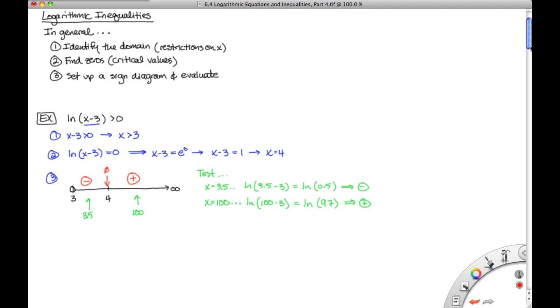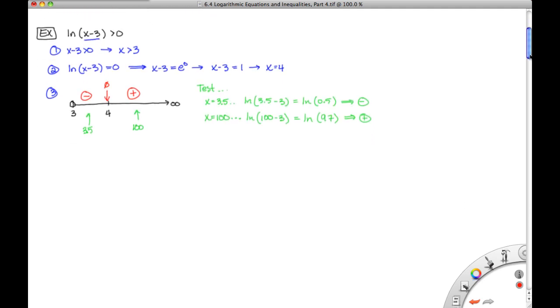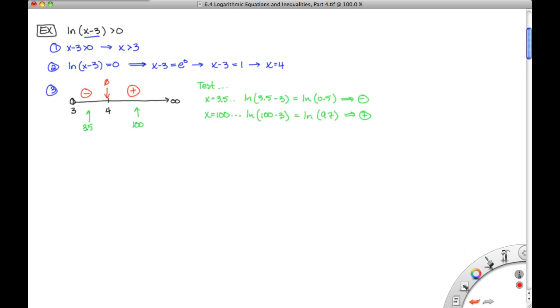So we were originally asked to evaluate when the ln of x minus 3 is strictly greater than 0. Well, it's going to be strictly greater than 0 on this positive interval. Now, we're not going to include 4 because that's where it's equal to 0, but we are going to include all of the numbers on this interval greater than 4.